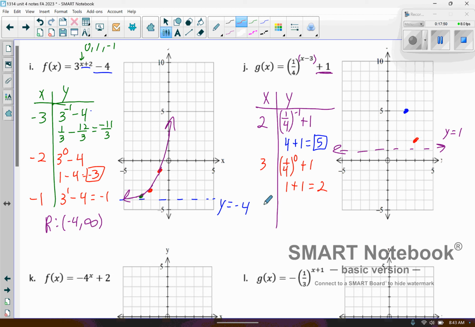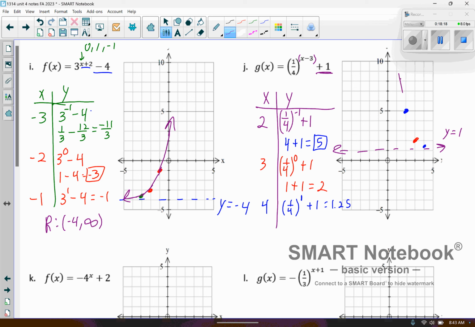And then we can plug in 4, and that's going to get us a fraction, but that's okay. So when you plug in 4, you're going to get 1/4 to the power of 1, because 4 minus 3 is 1, and then plus 1 right there. So 1/4 plus 1 is 1.25. So we're at 1.25, getting pretty close to that asymptote right there.